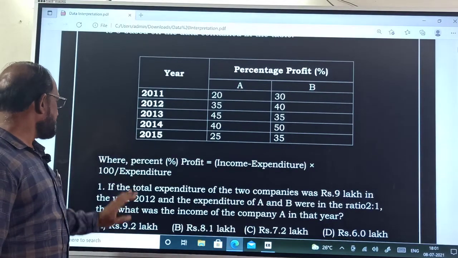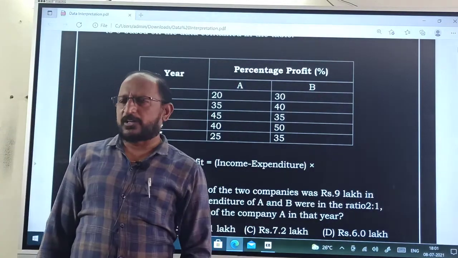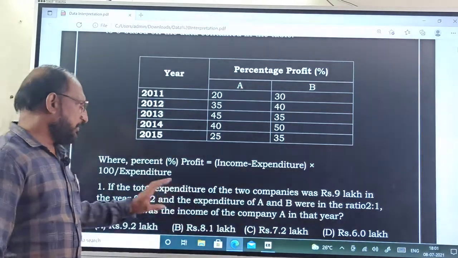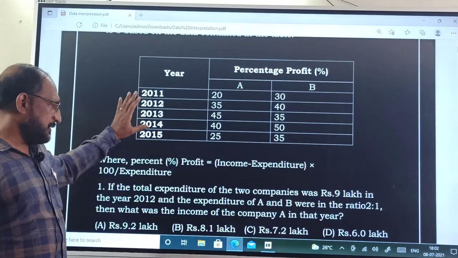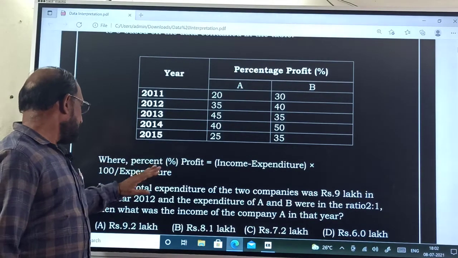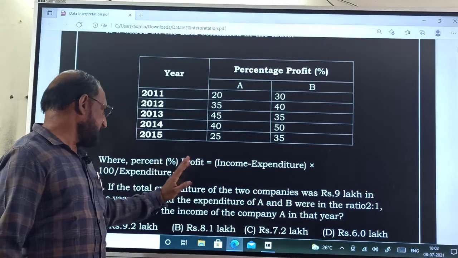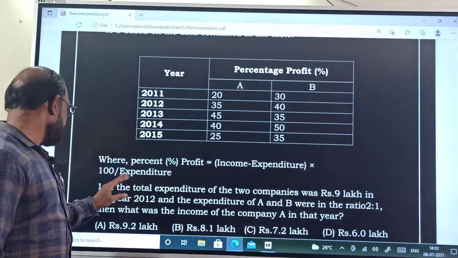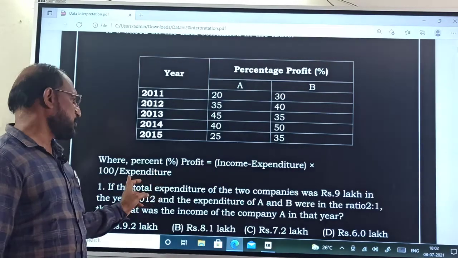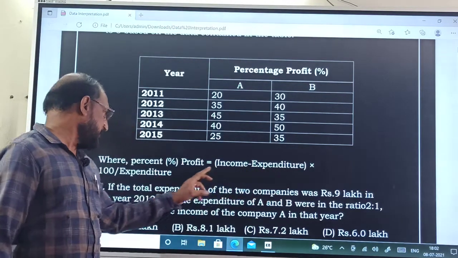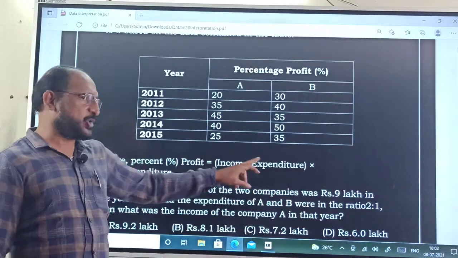One hint is also given. We don't expect they will give a hint; in the examination they won't give any hints, but in a sample paper the hint is given. Profit percentage is equal to income minus expenditure, by expenditure, into 100. Remember that: income minus expenditure by expenditure into 100.